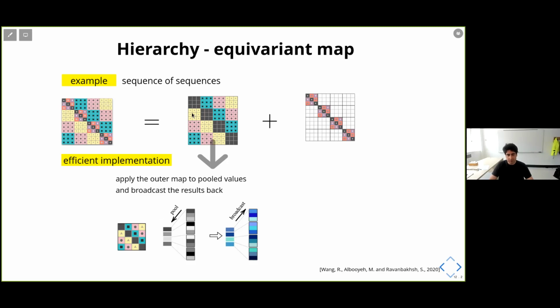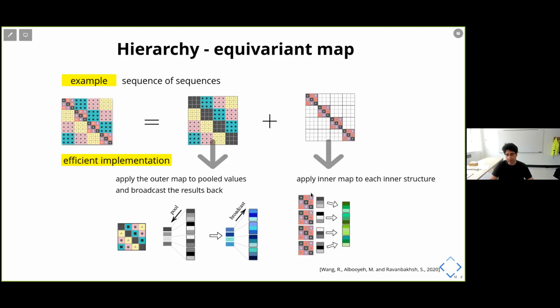If you multiply the first map with this sequence of sequences, what it's really doing is pooling over the inner sequence, applying the original convolution matrix, and then broadcasting the results back to the sequence of sequences. The second one is directly applying separate convolutions to the inner sequences. And so we have contributions from both of these terms to the equivariant map for the hierarchy. We can express it through pool and broadcast operations and then the original equivariant maps at the two levels of the hierarchy.